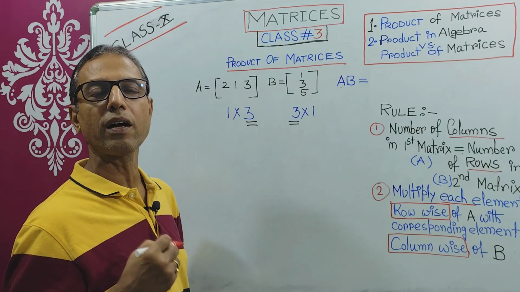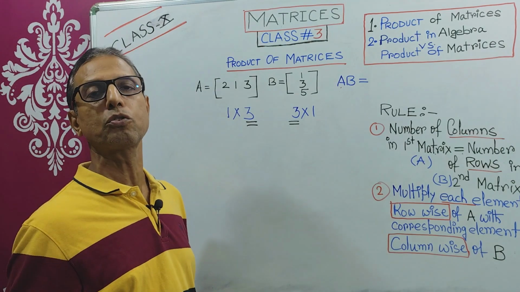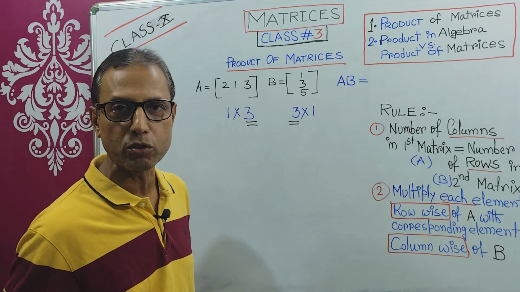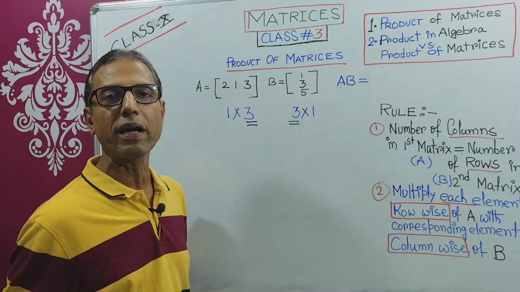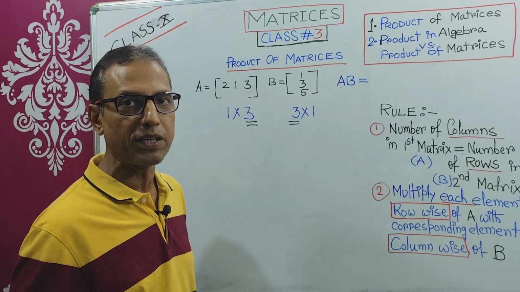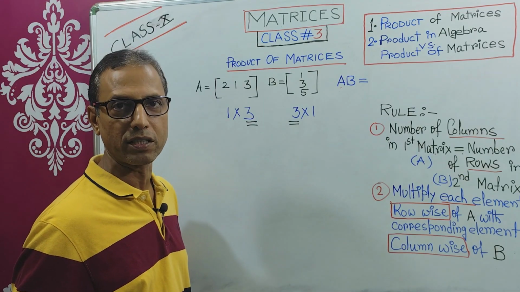So when you are asked to find the product of two matrices, or whether a statement is true or false, or whether it is possible or not to multiply two matrices, if the order is given or if the matrix is given, your first task is to find the order of both matrices.